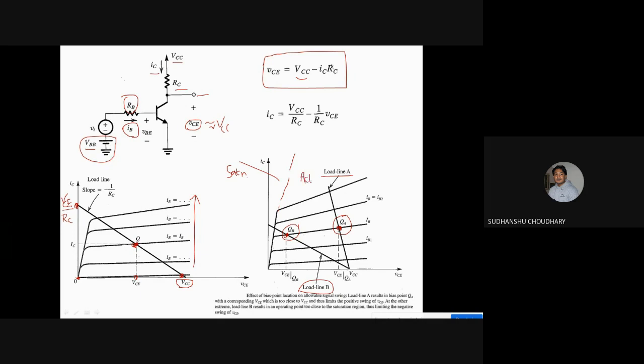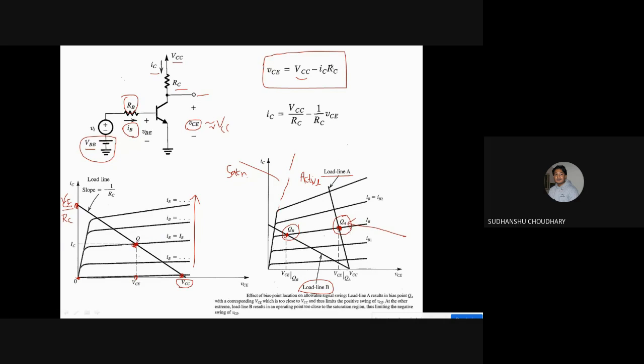And since this QB point is very close to the saturation region, okay, the effect of this would be that the negative swing of the amplified waveform will be clipped off. Similarly, the effect of biasing at QA would be that the positive swing of the amplified waveform can be clipped off, right?